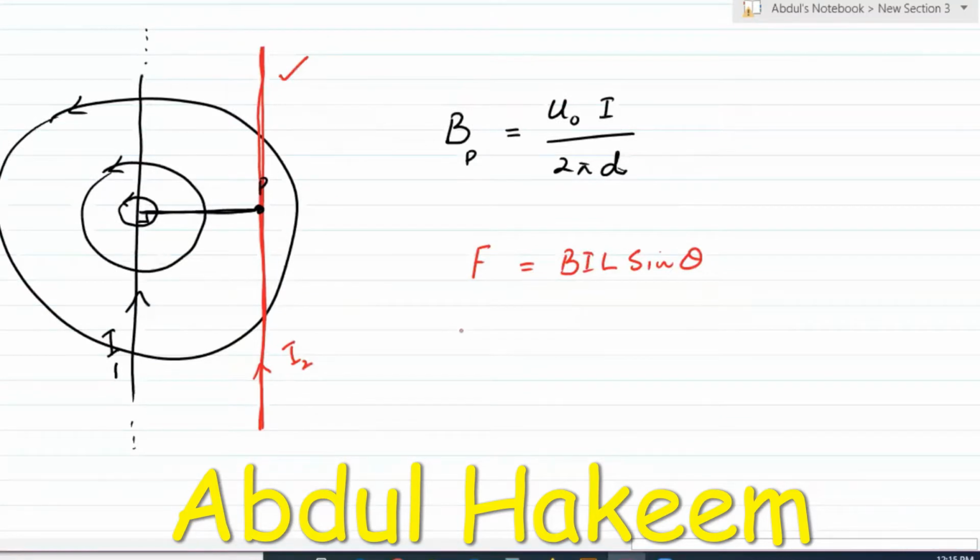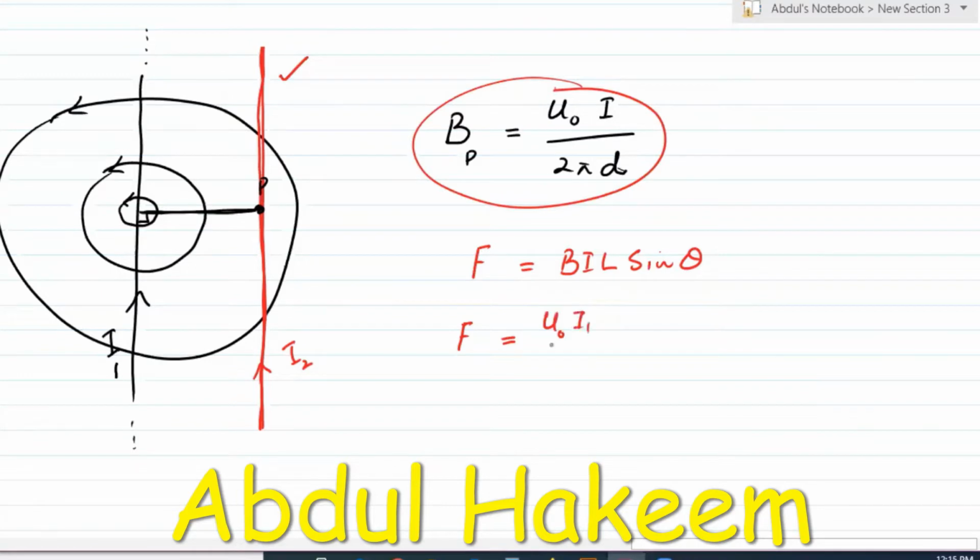Now the force experienced by this red wire is due to the magnetic field there, so we will substitute here mu naught I1 over 2 pi d. This is I1. And this current is the current of the red wire, this is the length of this red wire, the second wire, and the sine theta.